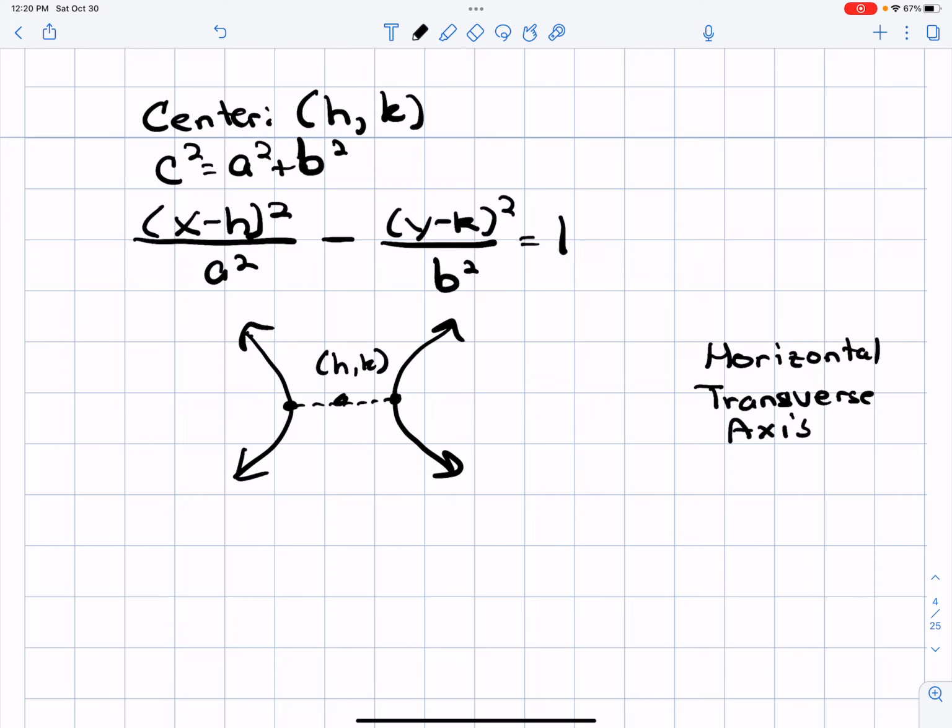You're going to have those vertices there along that axis, where the horizontal axis goes through H, K. And then your foci are going to be somewhere along that axis too.